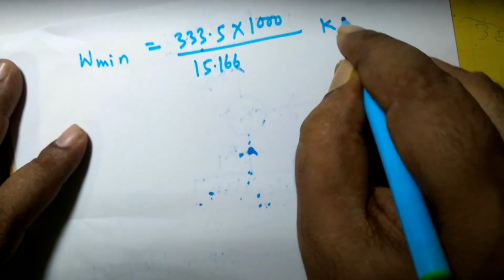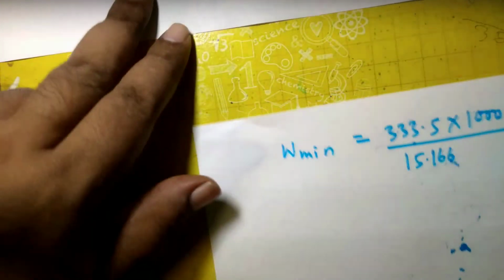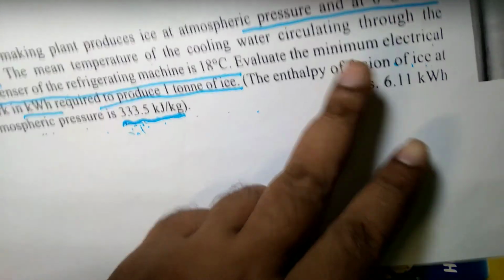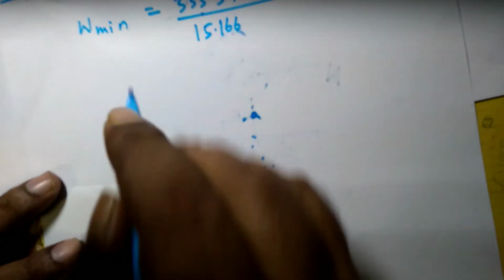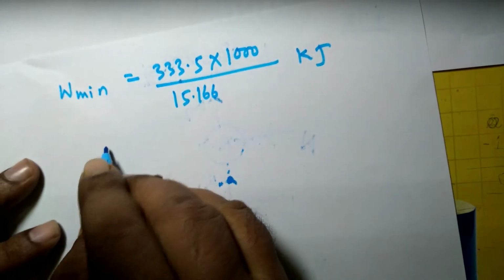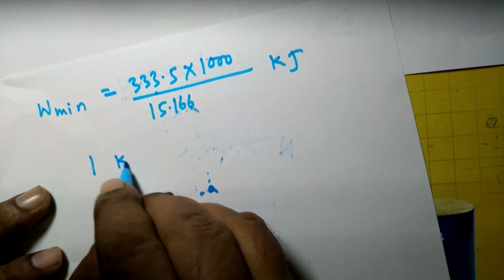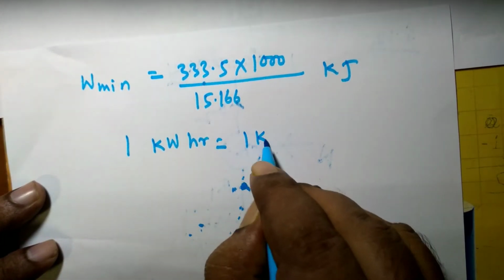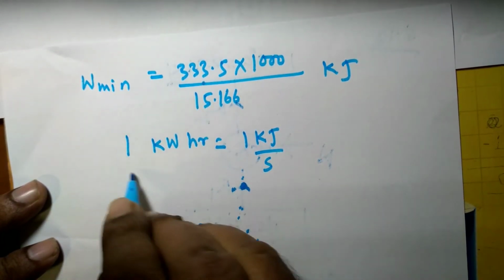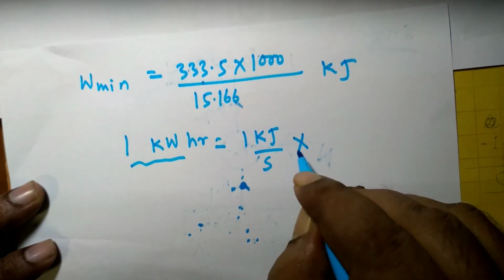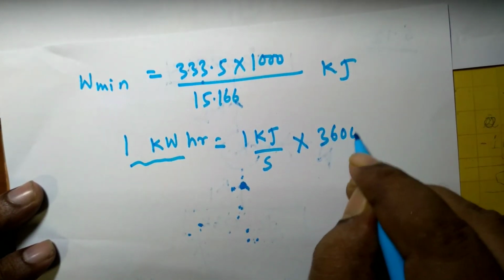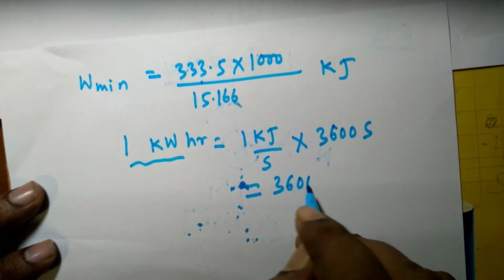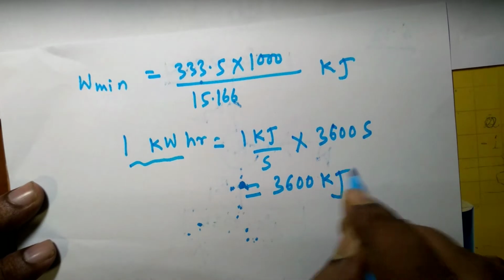15.166 kilojoule. If you want to find it in terms of kilowatt hour, I can easily convert this, because 1 kilowatt hour is equal to 1 kilojoule per second times 3600 seconds; 1 kilowatt is nothing but 1 kilojoule per second, and 1 hour is 3600 seconds, so this is equal to 3600 kilojoule.